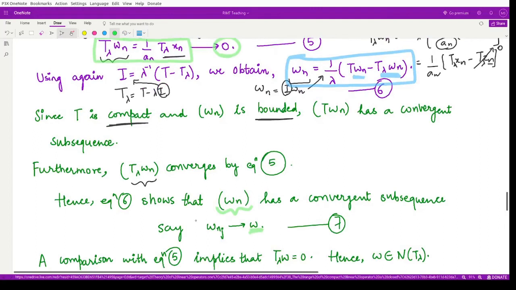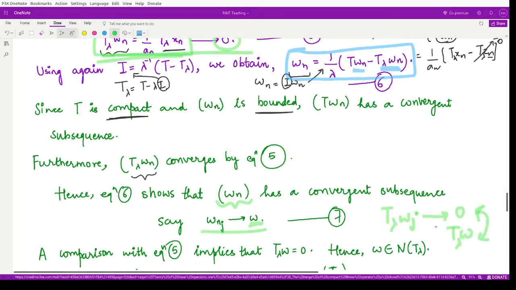So when you apply T onto both sides, T of wnj converges to Tw, right? So when you compare this equation with this equation, you can see that T lambda of wnj is converging to 0, and at the same time it is converging to T lambda of w. So we can say both of them are equal to each other.